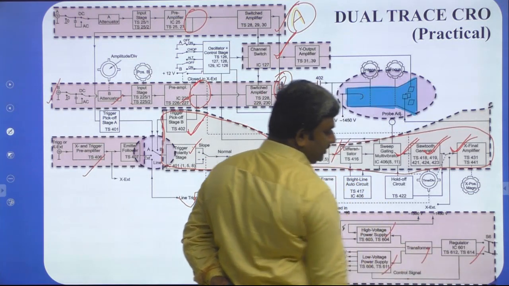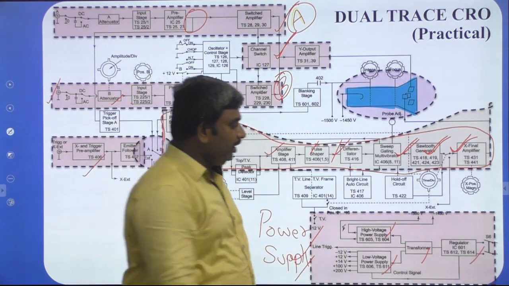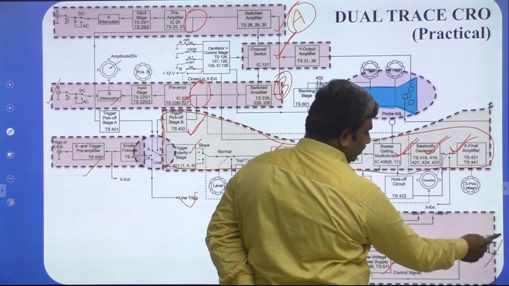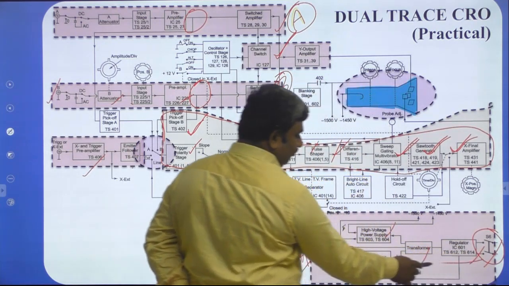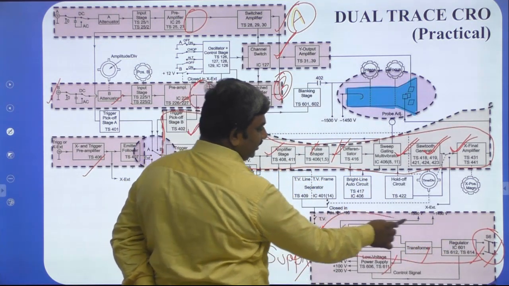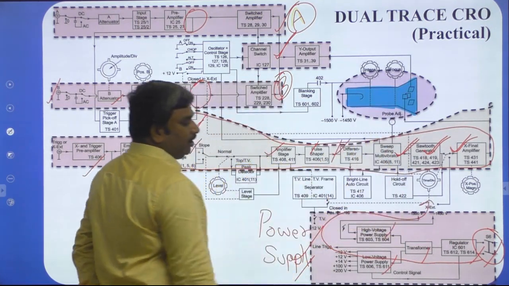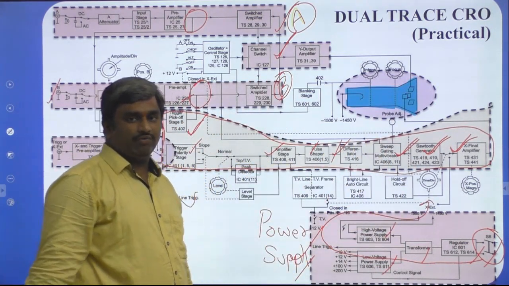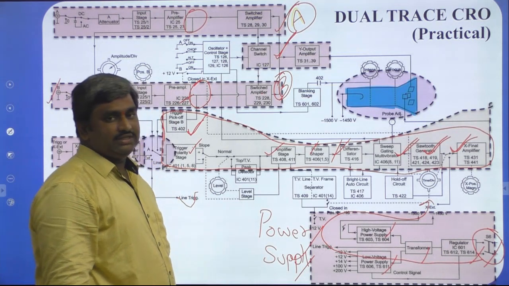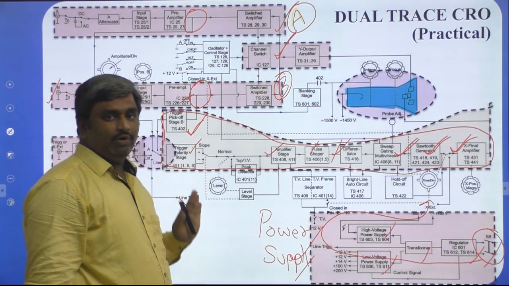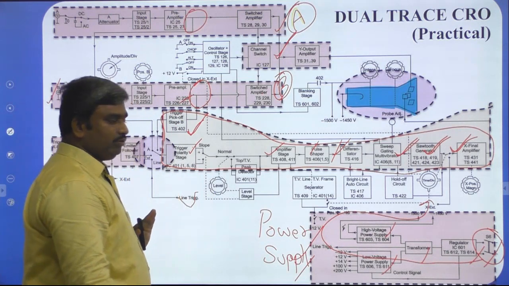This transformer is connected from the regulator, and this is the main supply. From the main supply, the power supply direction will be in this way. It is connected to all the parts of the dual trace CRO. So this is the complete block diagram of the dual trace CRO.